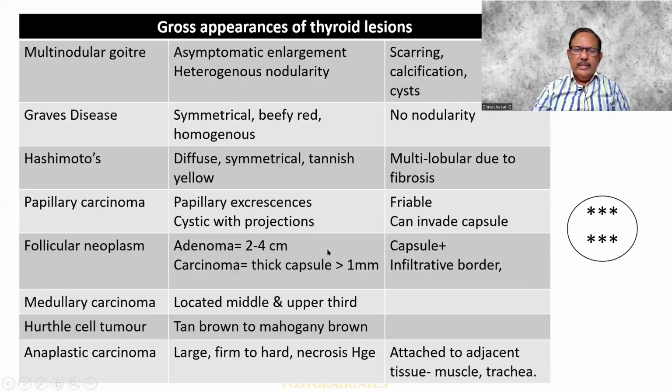Carcinoma, you find that there is a thicker capsule, but there is an invasion that can be made out, an infiltrating border. Medullary carcinoma, located in the middle and the upper third. Tan or mahogany brown is the color. And anaplastic carcinoma can be firm to hard with adhesions, necrosis, and areas of hemorrhage.